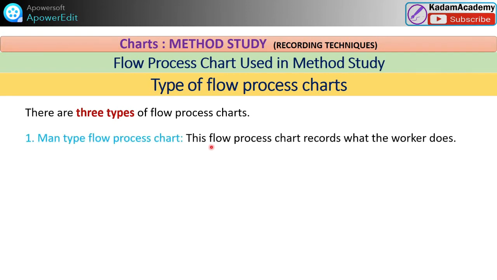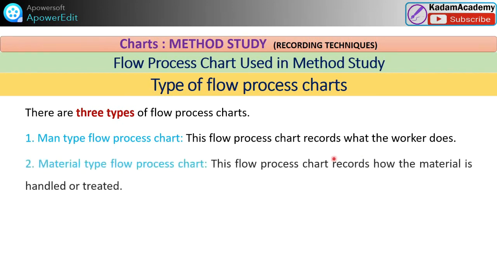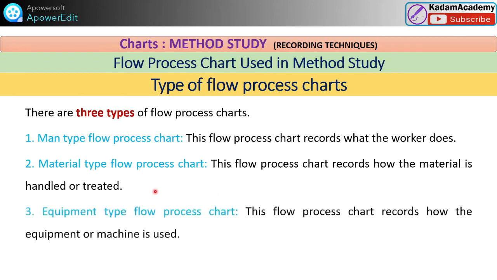The man type flow process chart records what the worker does. The material type flow process chart records how material is handled, treated, or flows. And next is the equipment type flow process chart, which records how the equipment or machines are used for that process.